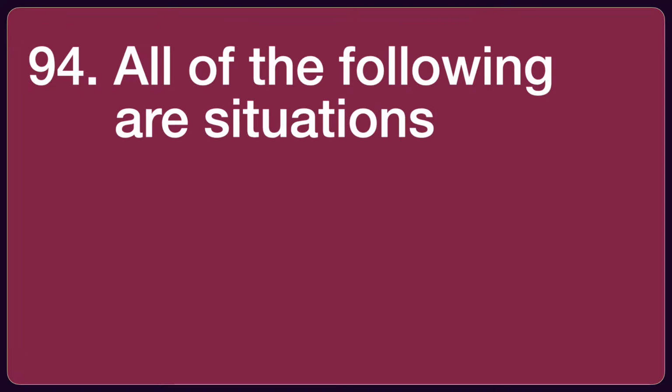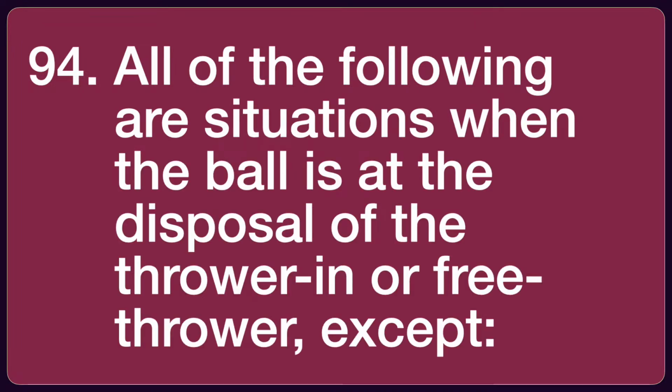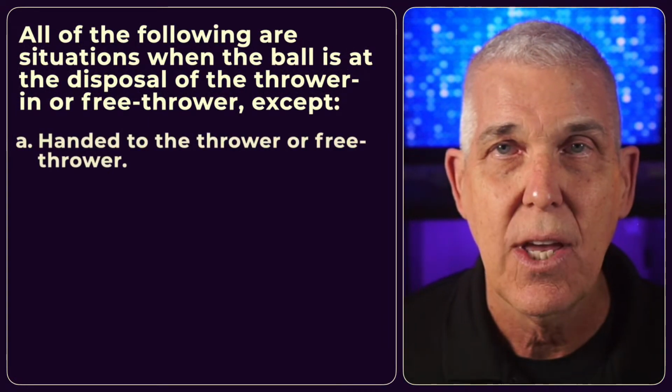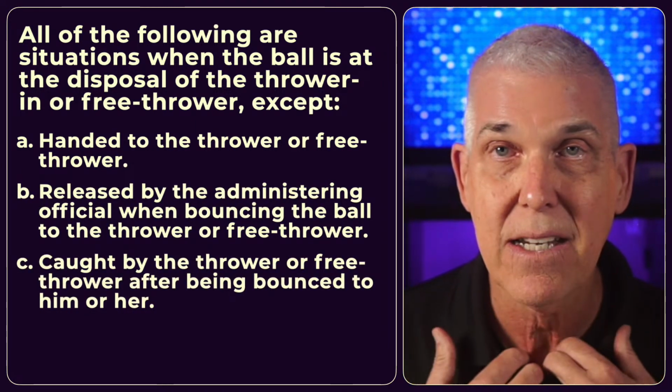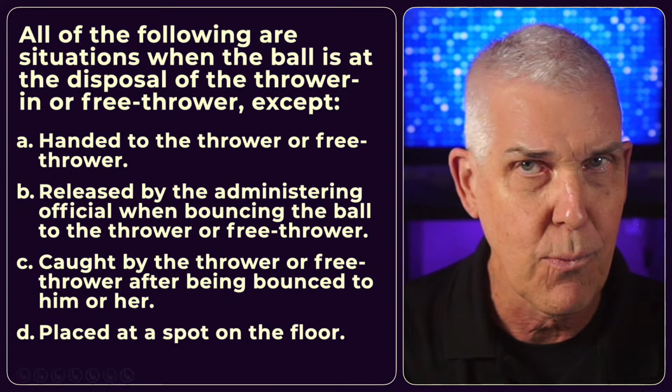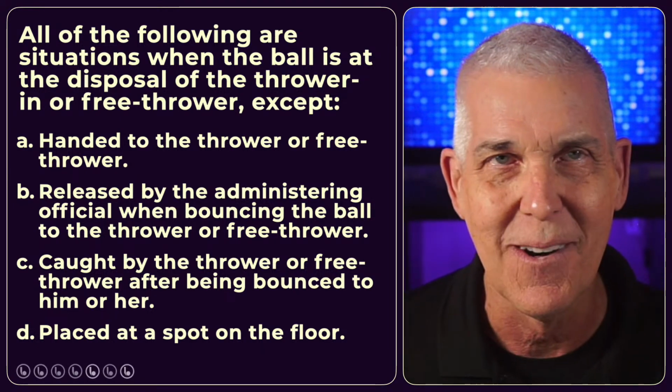Moving on, 94. All of the following situations are when the ball is at the disposal of the thrower-in or free thrower, except which? In which of these situations is the ball not yet at the disposal of our thrower-in or free thrower?